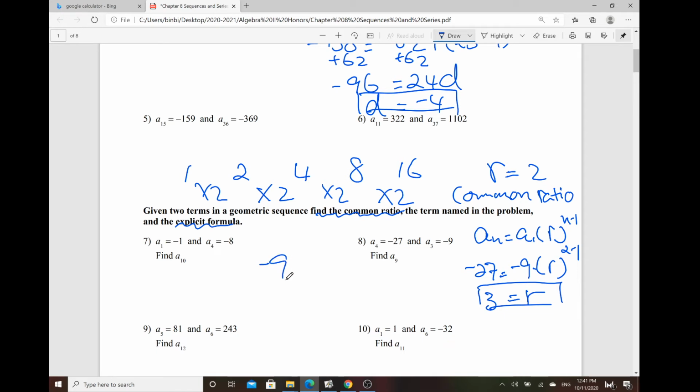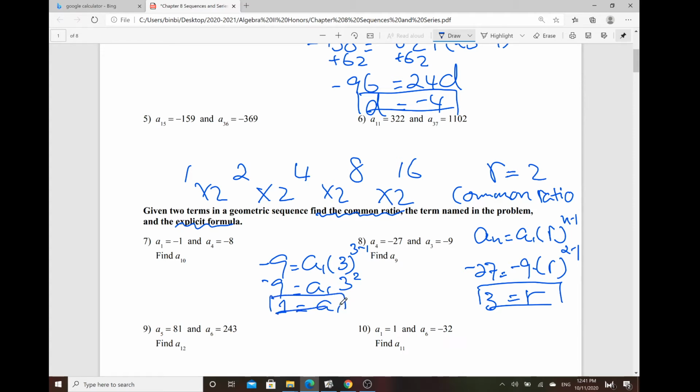So negative 9 equals a sub 1 times the common ratio, 3 to the power of n minus 1, so 3 minus 1, because n in this case is 3. So once again, we're using a sub 3 as a sub n. So a sub 1 times 3 to the power of 2. So negative 9 divided by 9, then that means a sub 1 is negative 1.